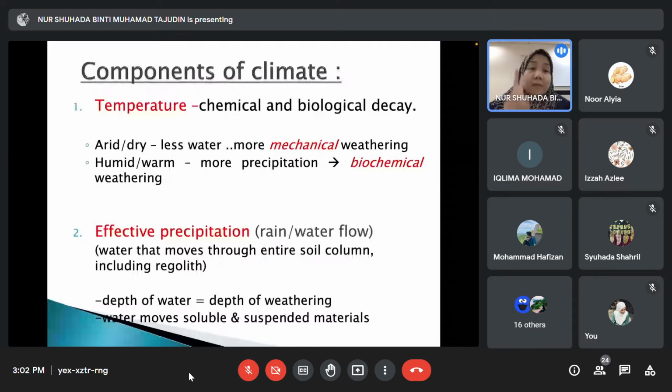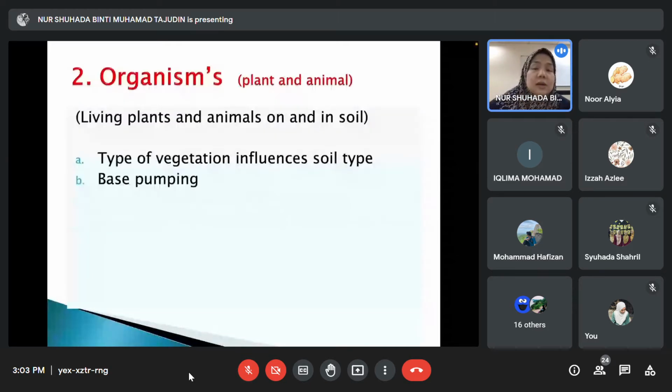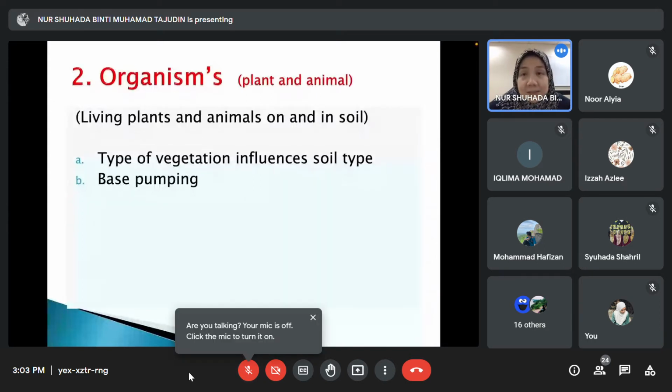Okay, number 2, the second important factor is organisms, which is either the plants that live on top of the soil, the living organisms on top of the soil, or the decayed organisms under the soil. So what is on top of the organism?